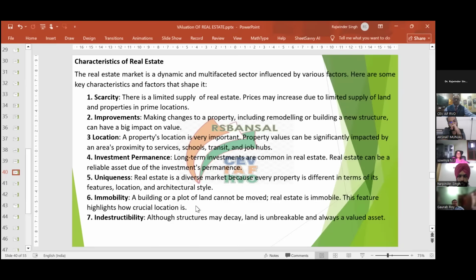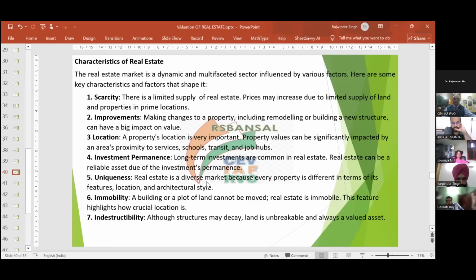There may be some difference because of location, architectural style, features, etc. No two real estates are exactly similar. Of course, at least their location will be different. So uniqueness is a feature of real estate.